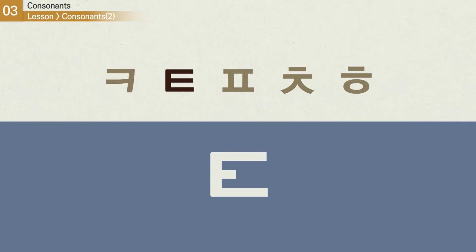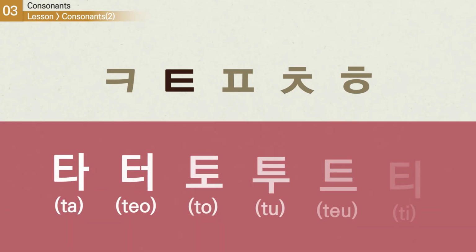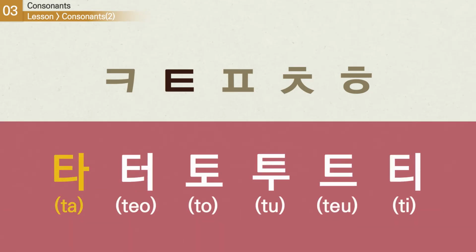Tiat is made by adding an extra stroke to tigut. This consonant is also pronounced by pushing more air out. Listen carefully. 타, 터, 토, 투, 트, 티.